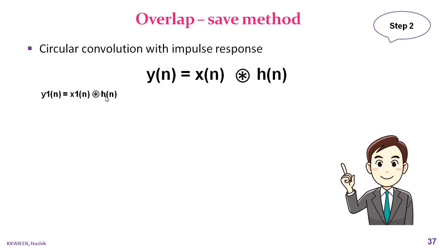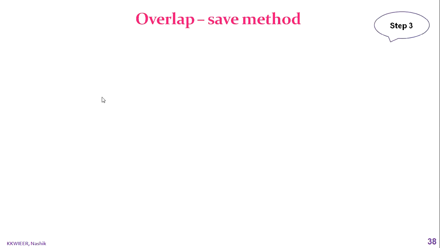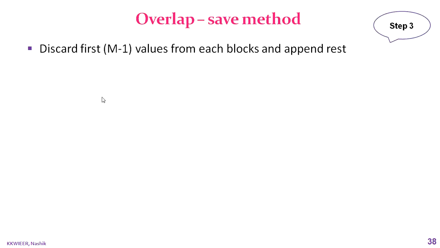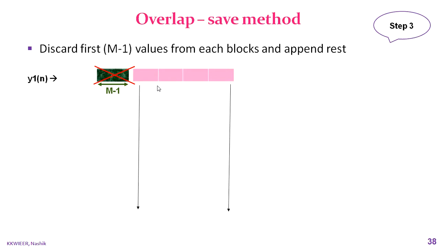Similarly for x2 of n and x3 of n. And step 3 will be: discard the first M minus 1 values from each block and append the rest. So for y1 of n, you will discard the M minus 1 values and take all the rest, L values, as they are to form your y1 of n.